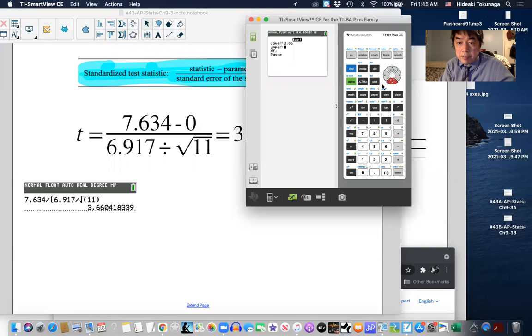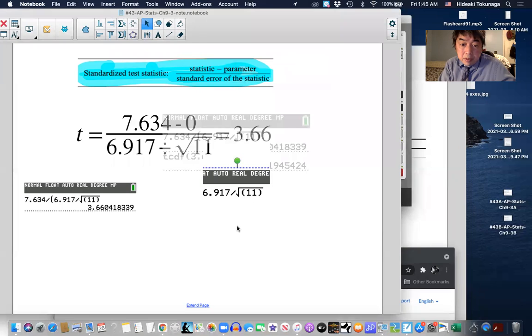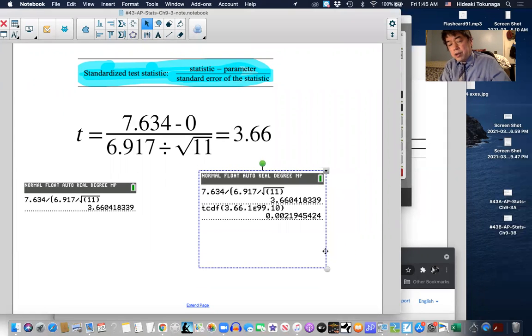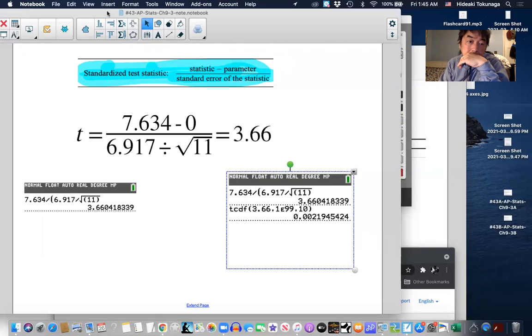Higher is infinity, so 1E99. Degrees of freedom is 11 minus 1, which is 10. Paste here. 0.0021, which is quite rare, right?